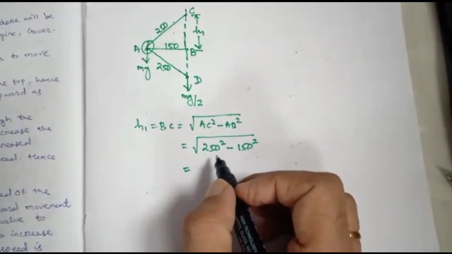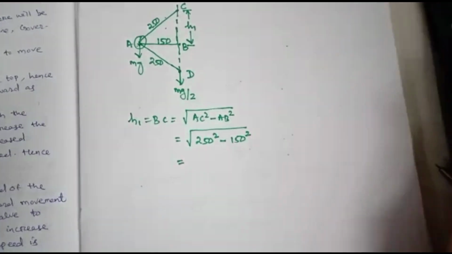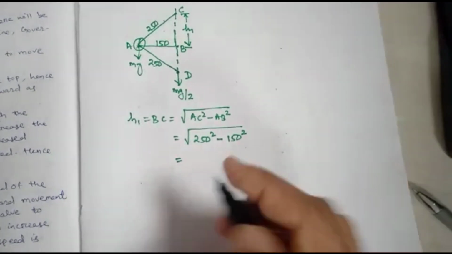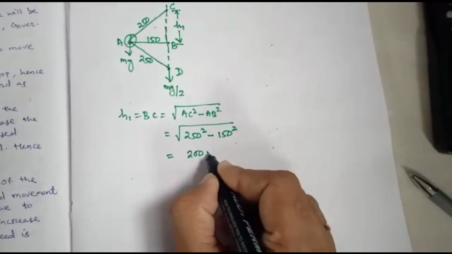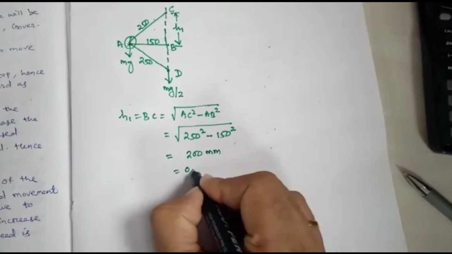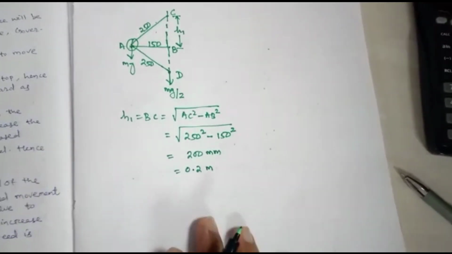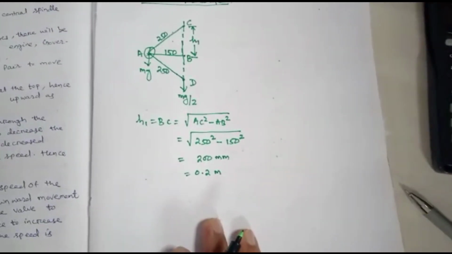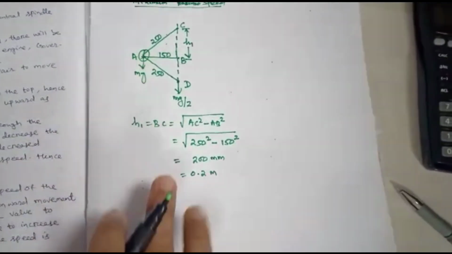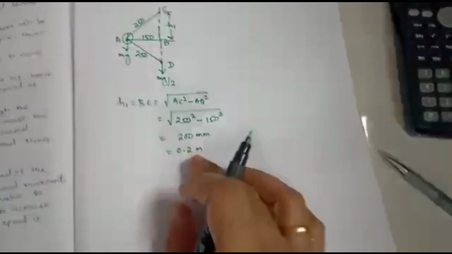This will come after calculation 200 millimeter. So convert that into meter, 0.2 meter. So this is for minimum speed. Height of the governor we get 0.2 meter.